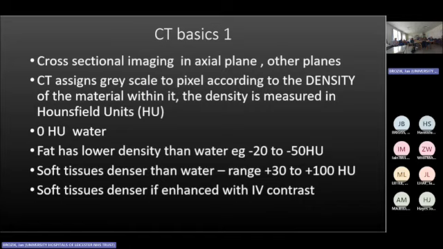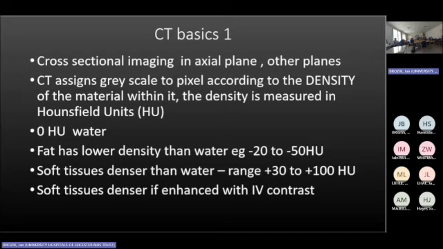CT was invented in the 1970s, and the technology wasn't that advanced, but nowadays, 50 years down the line, the technology has moved on, and we can assess the human body in basically any plane. I'll show you examples later on.